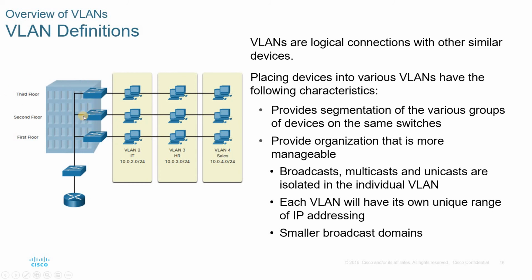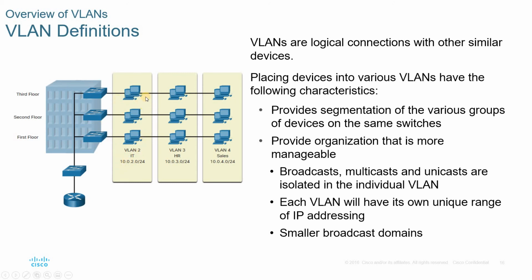As long as it is connected to a switch that is running VLAN, regardless of which floor it is placed, that is the advantage of running VLANs. You can logically separate hosts according to their roles or organization. So, for example, you create a VLAN for the IT group.